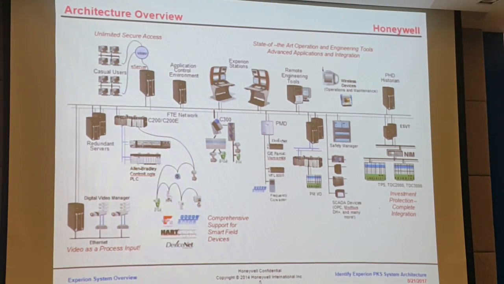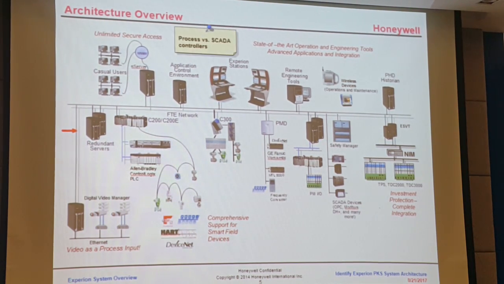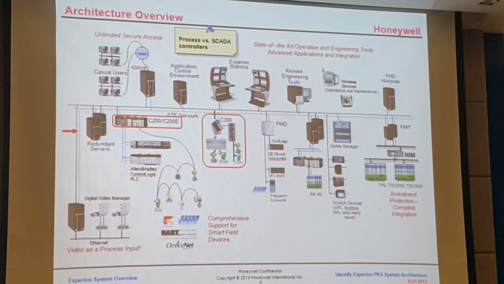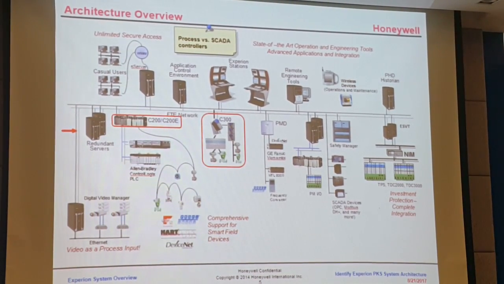Now let's look at the bottom part of this diagram, where the controllers live. In Experion, the world is broken up into two basic types of controllers. One type is the integrated type. That means the C200, C200E or C300.